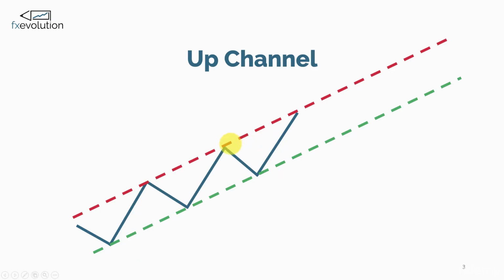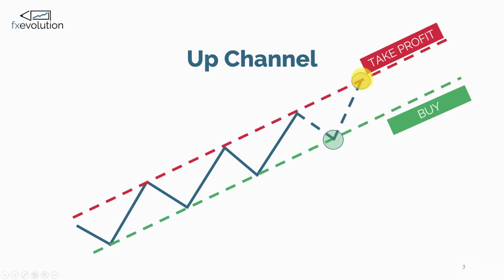Now, because it's an upward channel, we should really only be looking at buying into the market and making profit from price increasing. As we've already discussed before, trend is your friend and you should always stick with the trend. So be looking at buying from the bottom end of the channel and taking profit at the top end of the channel.